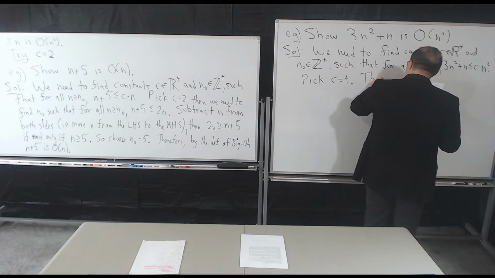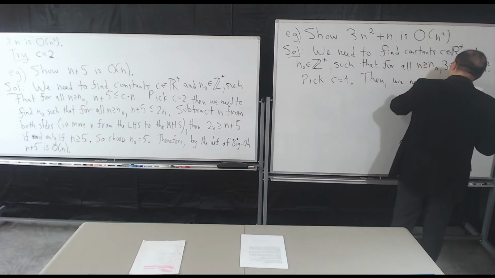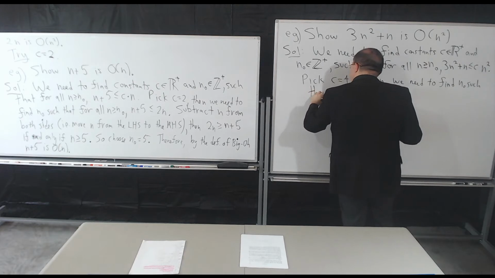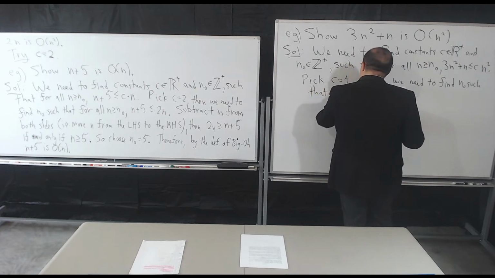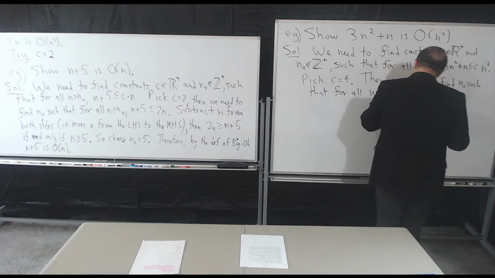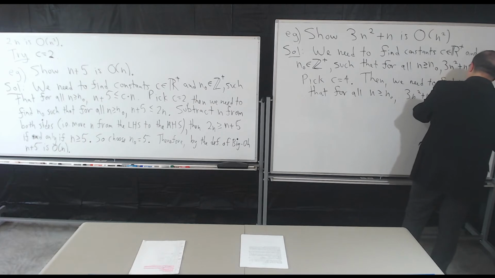So I say then we need to find n0 such that for all n greater or equal to n0, 3n squared plus n is less than or equal to 4n squared.